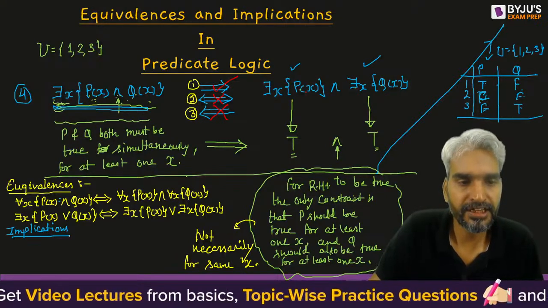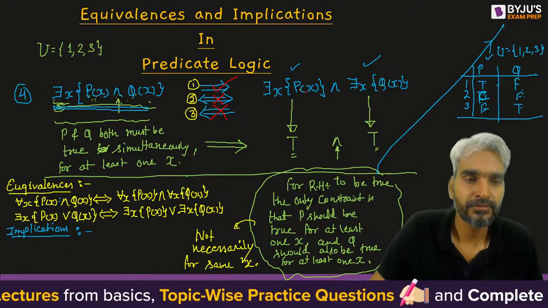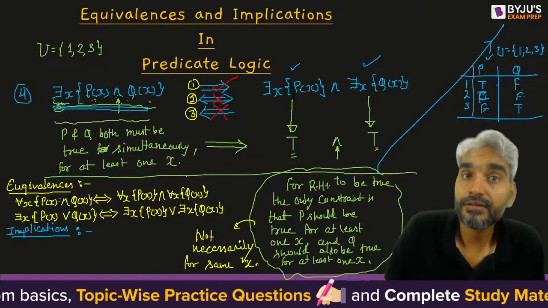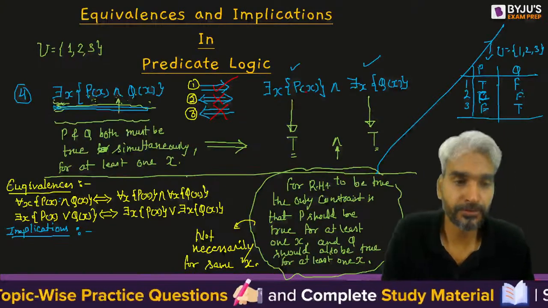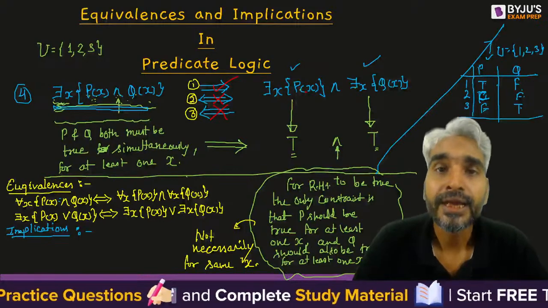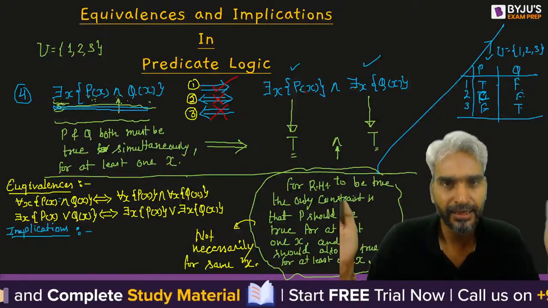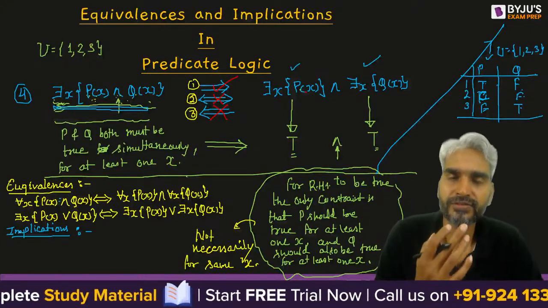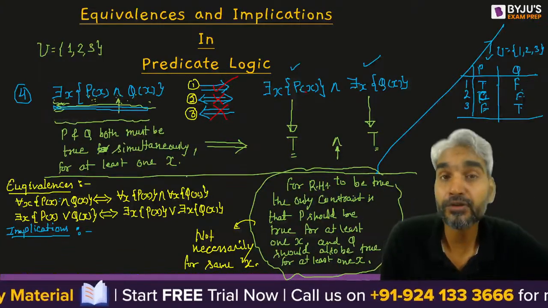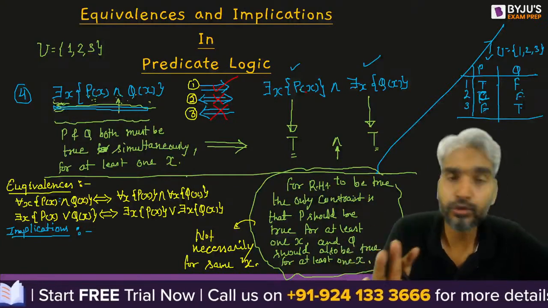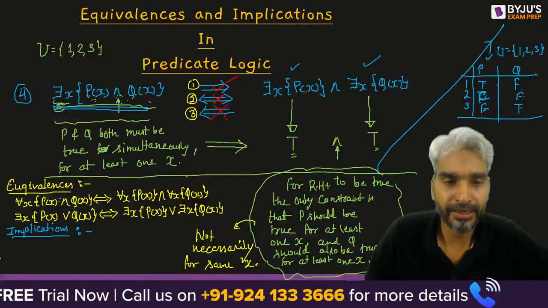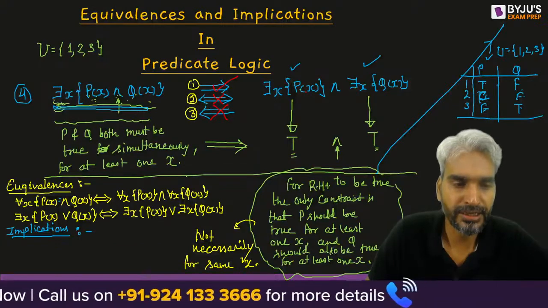What are the implications? Implication is generally confusing because people can simply remember that for all is equivalent with respect to and, there exists is equivalent with respect to or, but with respect to implication these are in two opposite directions.